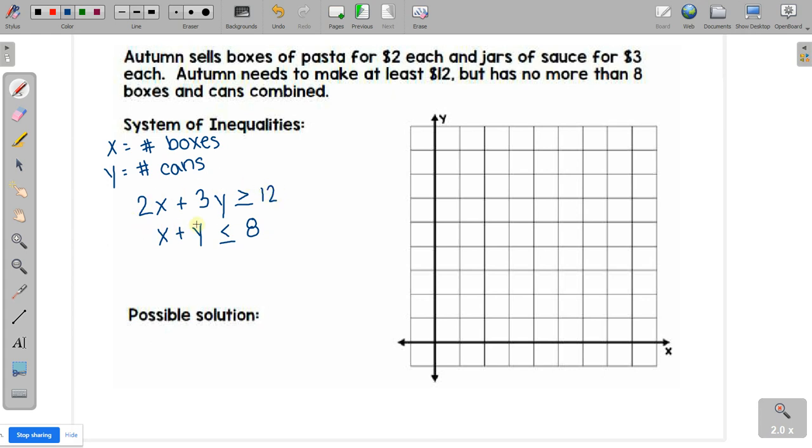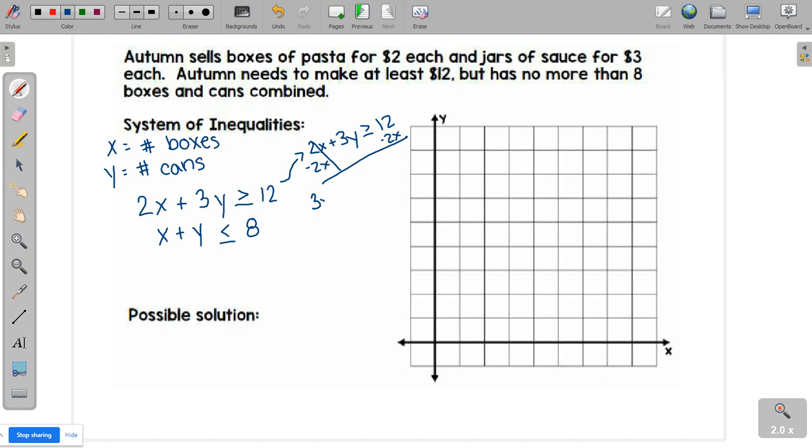Before we can graph this top equation, we have to write it in slope-intercept form. So 2x plus 3y greater than or equal to 12. We need to get y by itself. So we're going to subtract 2x from both sides.